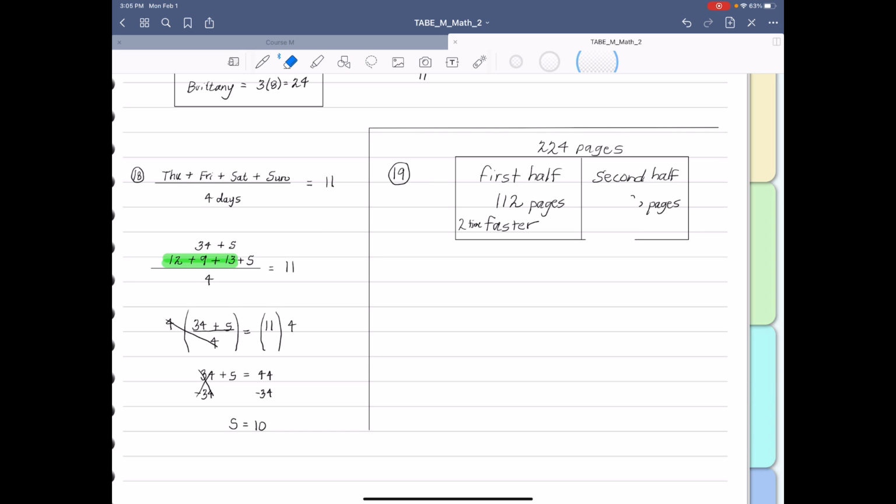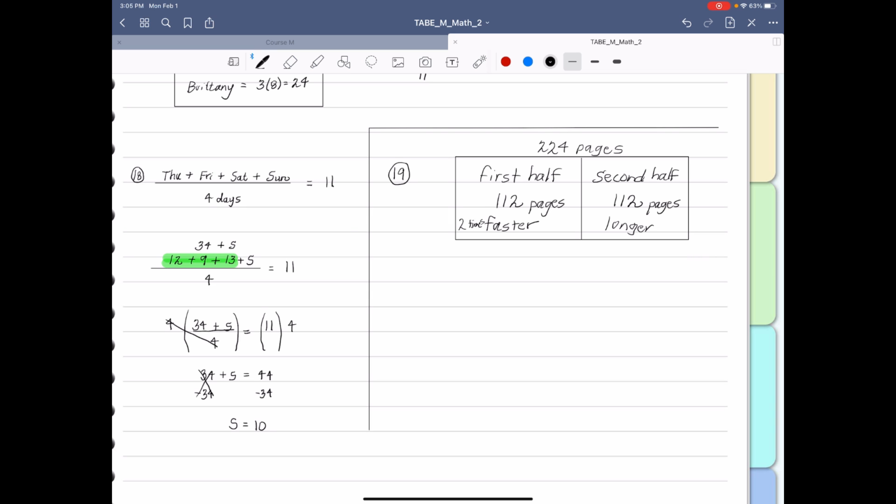This part took him longer. What happened? This one took him longer to read. That's very important. He read the first half 2 times faster. Maybe he got sleepy on the second half and he slowed down his reading. But for whatever reason, the second half went slower. It went half as fast.